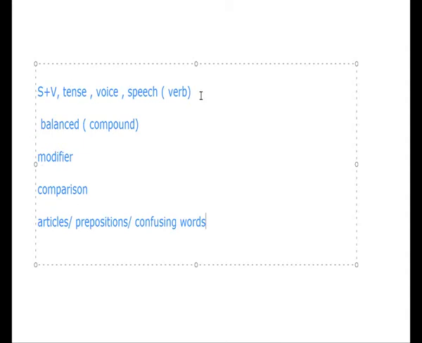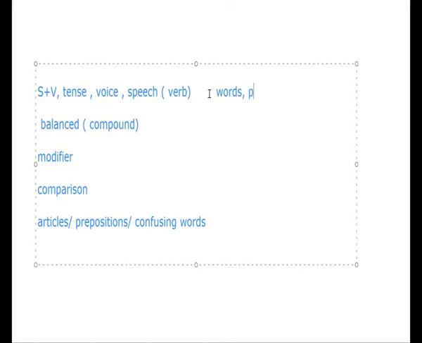What are those basics? Sir, what type of sentence is this? Simple sentence, compound sentence, complex sentence. And sentences are built with what? Not only words, but words in groups.